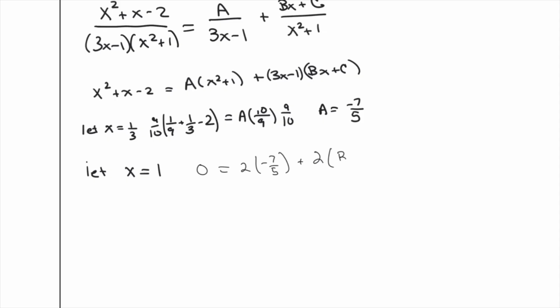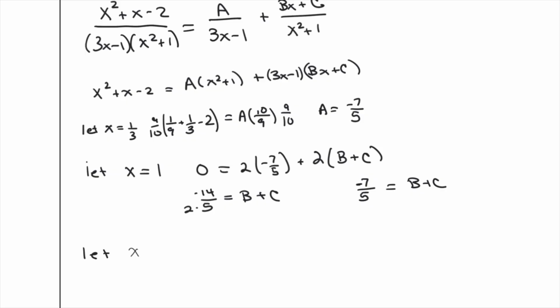And then we have B plus C. Okay, let's clean this up a little bit. We have negative 14/5 equals your 2A plus B. Let's divide this by 2. So there's my B plus C. Okay, simplify. We have negative 7/5 is equal to B plus C. That doesn't look so hot, so let's try this again.